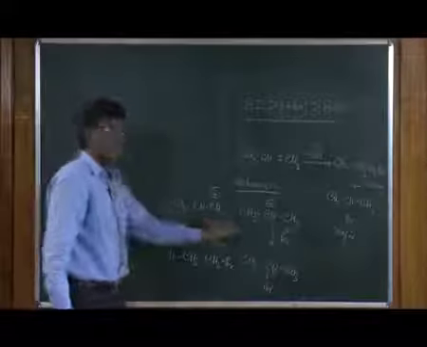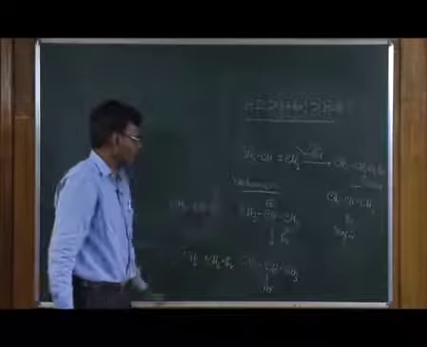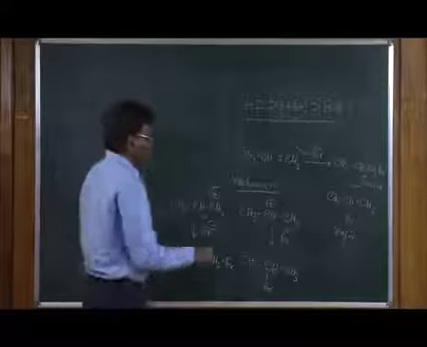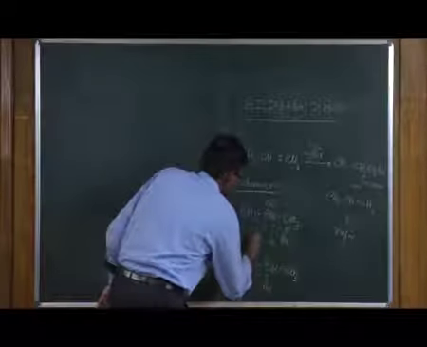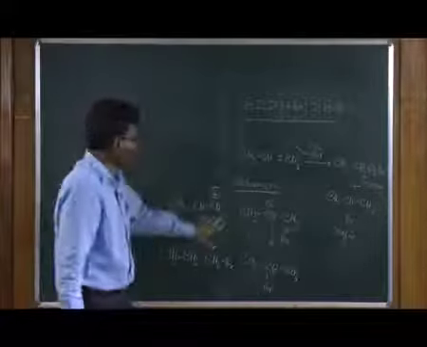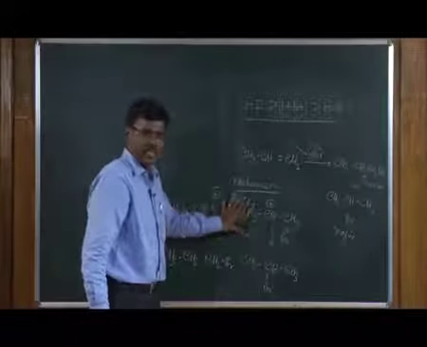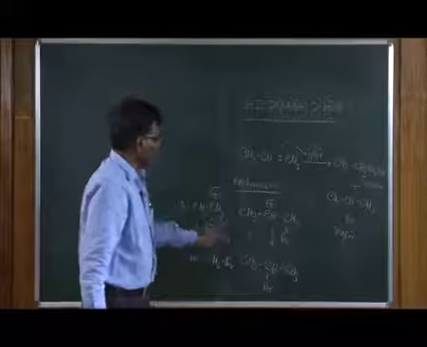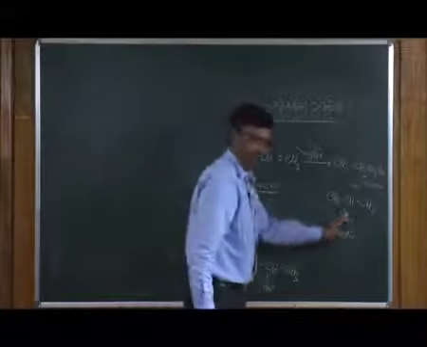So, there is a possibility of formation of both these carbocations. However, the secondary carbocation is more stable compared to the primary carbocation. So, the formation of this is predominant, and therefore we get this as the major product.